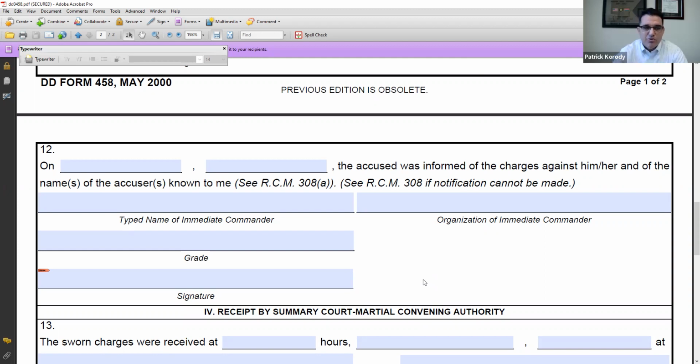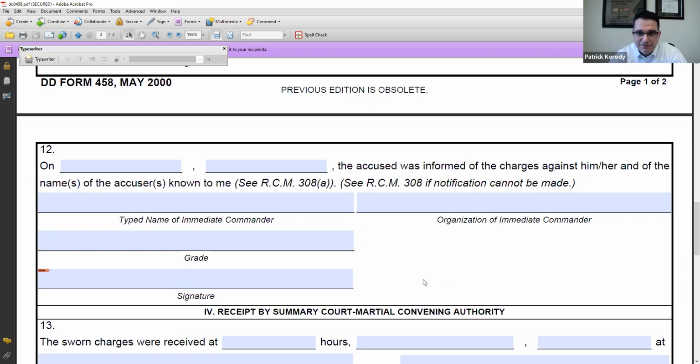The one thing I would tell you is that when preferral begins, there's a speedy trial clock that starts. It's 120 days where they have to get the accused before a military judge. Now that 120 days is not hard and fast. There are some ways for the government to get more time. There are ways for the defense to request more time. It's called excludable delay. We're not going to go down that road, but that's why preferral is important.